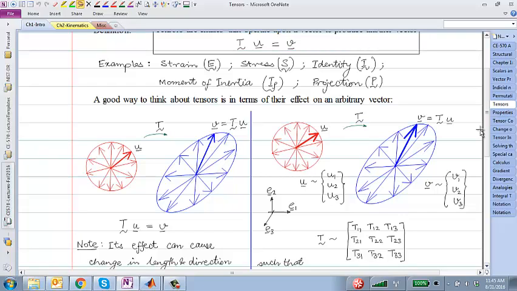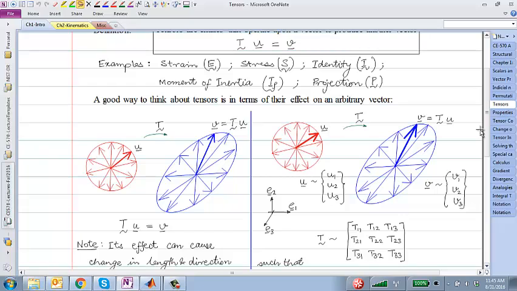That stress is a tensor. It's not just force over area. We'll see later on that distributed force over area is actually something called traction.